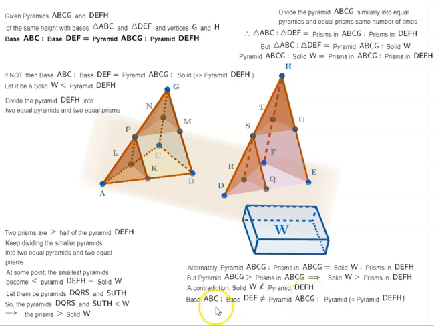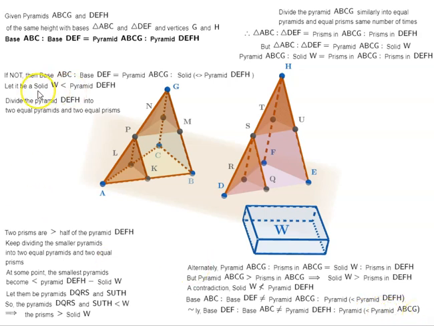So, base ABC is to base DEF is not equal to pyramid ABCG is to a pyramid less than pyramid DEFH. Now, similarly, we can show that base DEF is to base ABC is not equal to pyramid DEFH is to a pyramid which is less than pyramid ABCG.